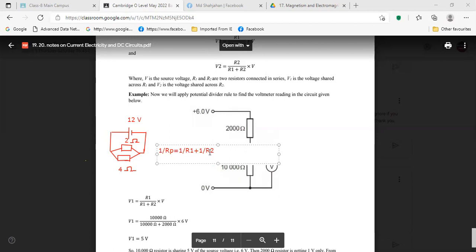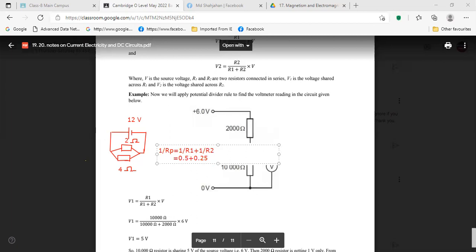So you write the value 1 by R1. What is the value of 1 by R1? This is 1 by 2, right? So 1 by 2 means 0.5, right? Then plus 1 by 4, that is 0.25.